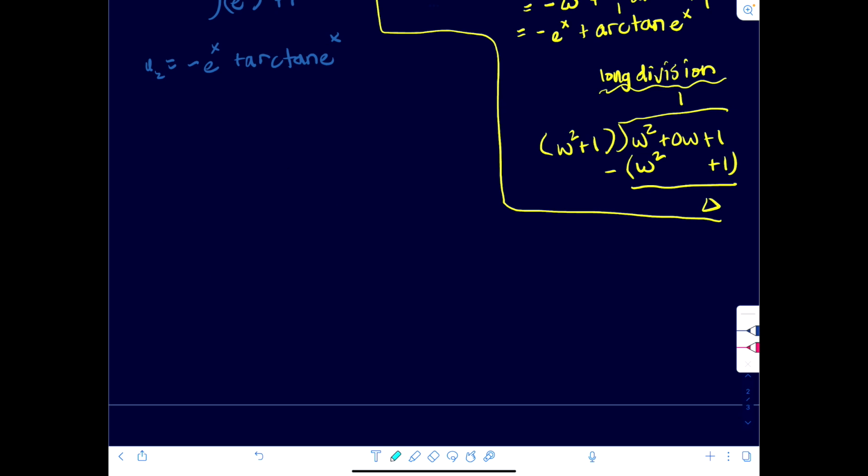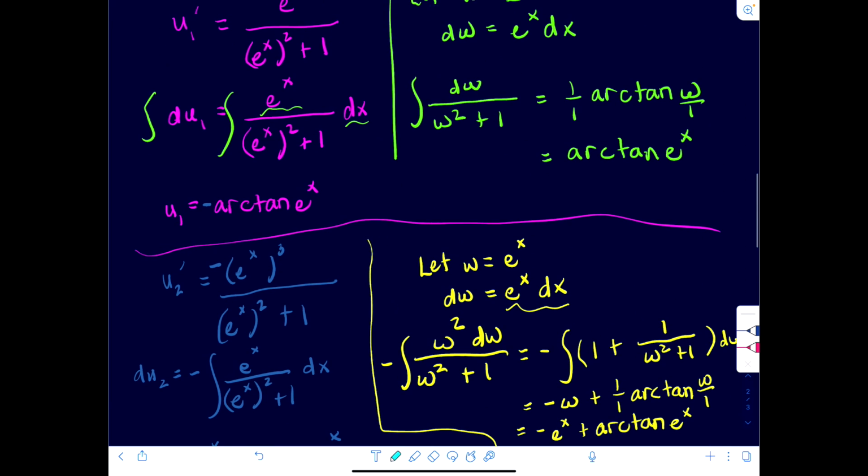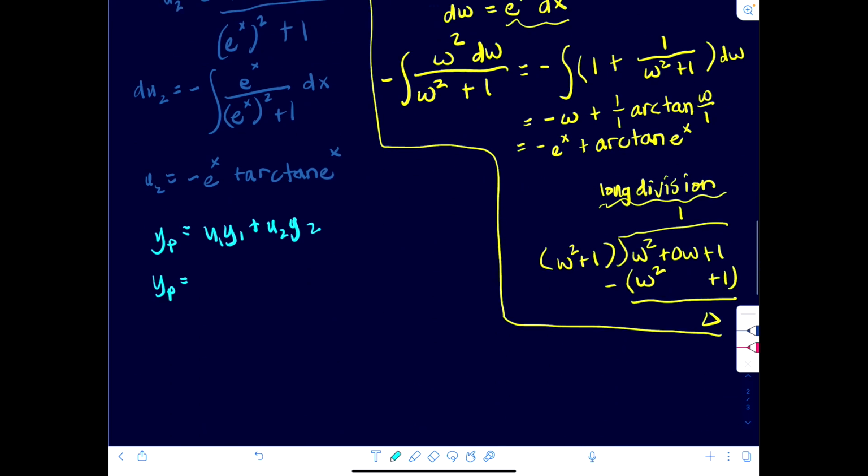So now we need to find yp, and remember that yp is equal to u1 y1 plus u2 y2. So yp will be, remember our y1 was e to the x and u1 was negative arctangent e to the x.